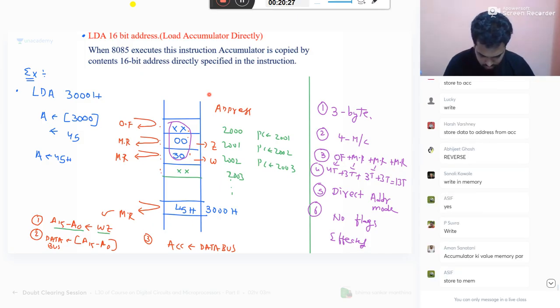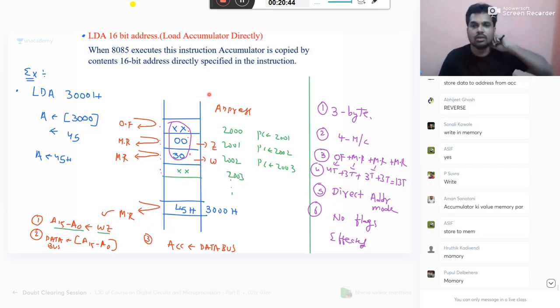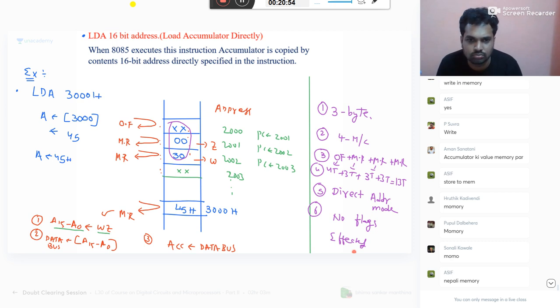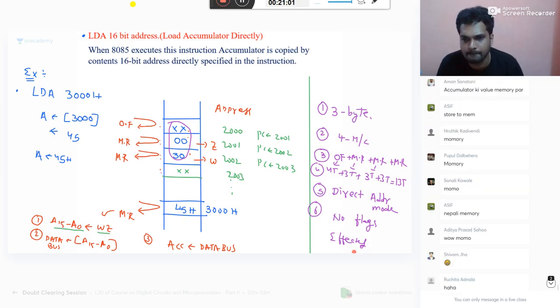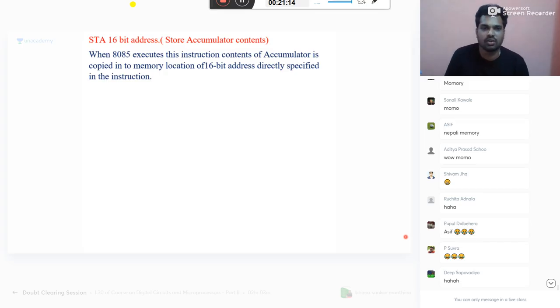Let's see. Where are we? Store. Good. So let's see what is this store accumulator.